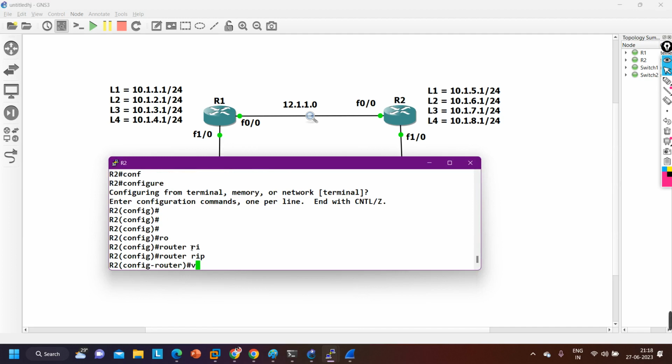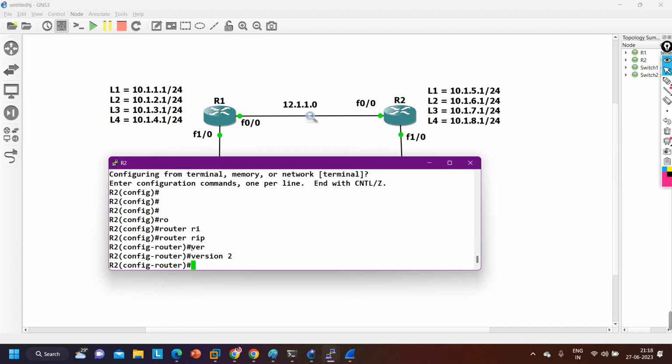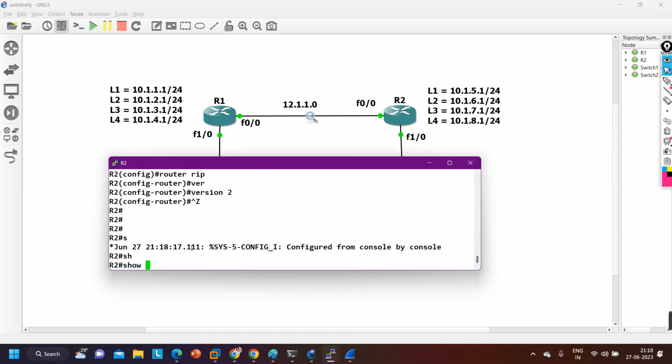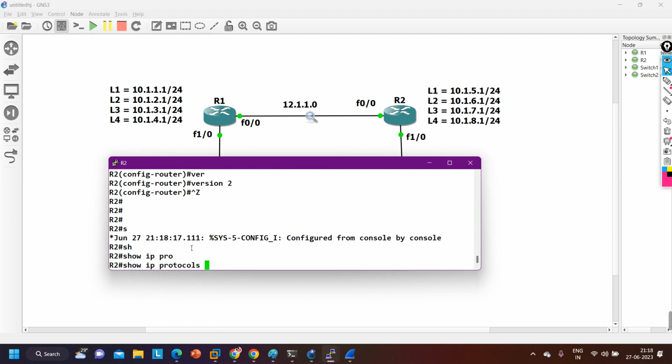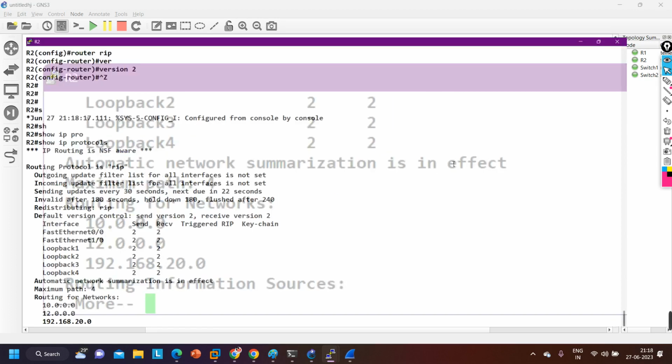Router RIP version 2. And when we define RIP version 2 and run show ip protocol, here you can see the change in output.